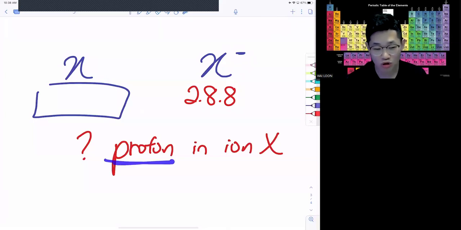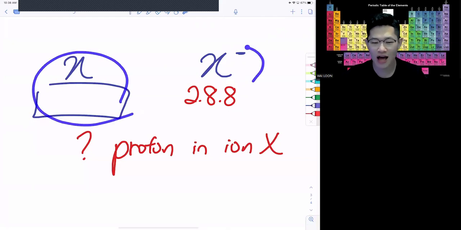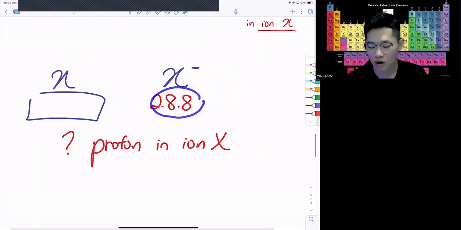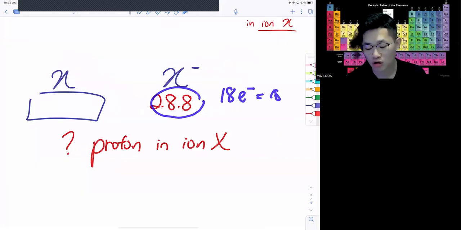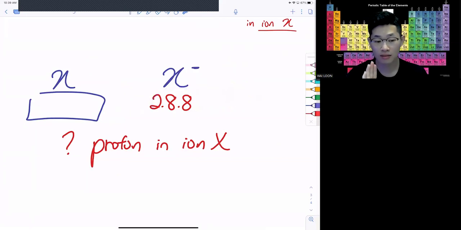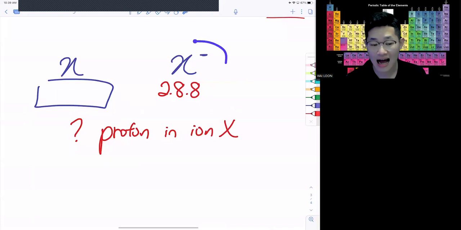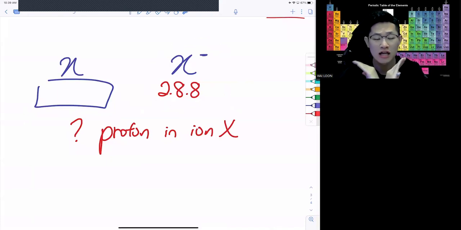Since I know that proton is always the same, whether it's atom X or ion X, they are always the same. Can I straight away use the 2, 8, 8 and say, oh, this one has 18 electron, so 18 proton? Cannot do that, because in the ion, proton and electron are different.